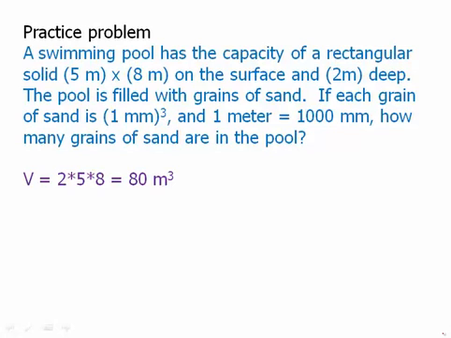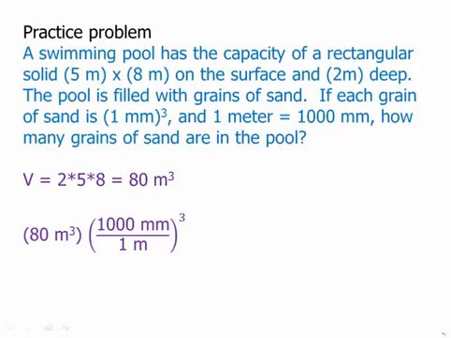And then the question is, how many cubic millimeters are there in 80 cubic meters? Well, we're going to take that 80 and multiply it by the conversion factor, 1,000 millimeters over 1 meter, and that conversion factor is going to be cubed.